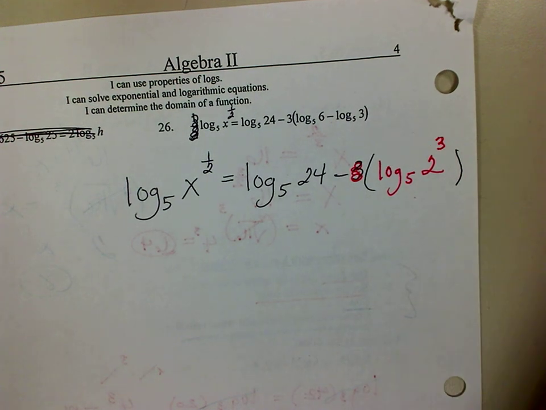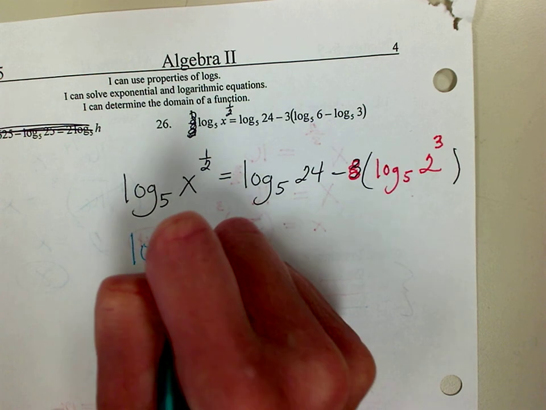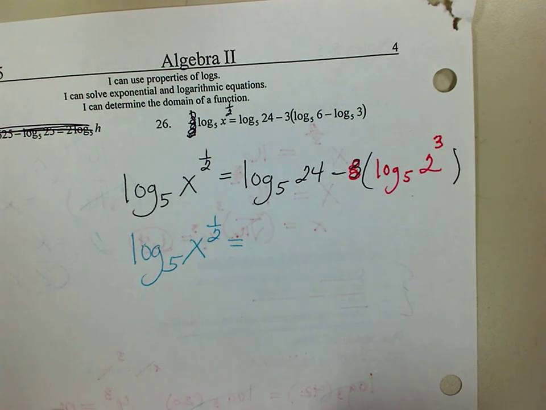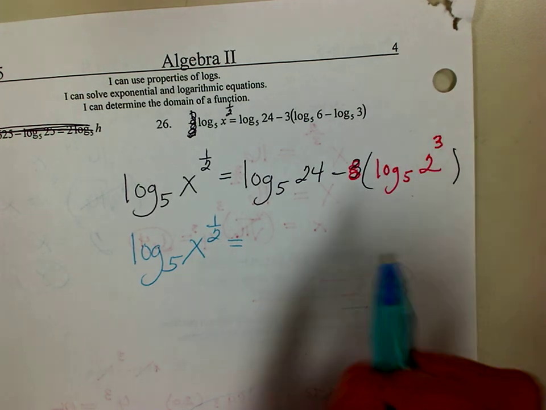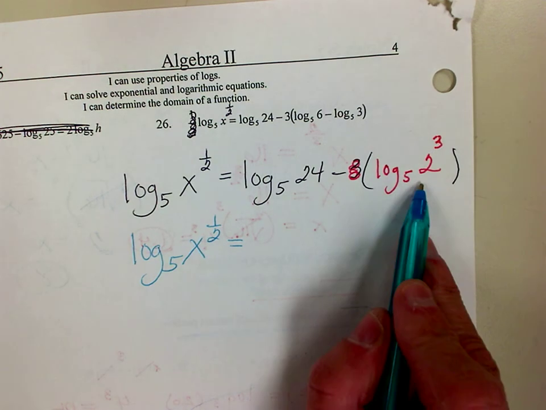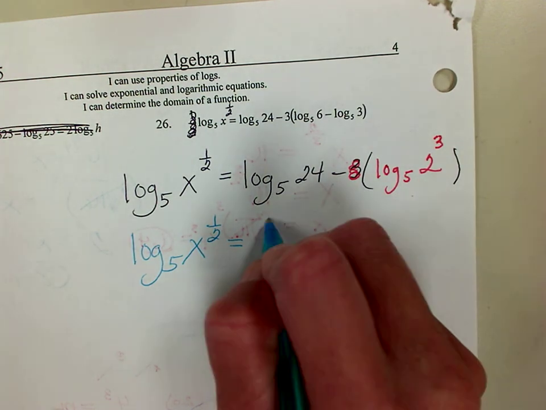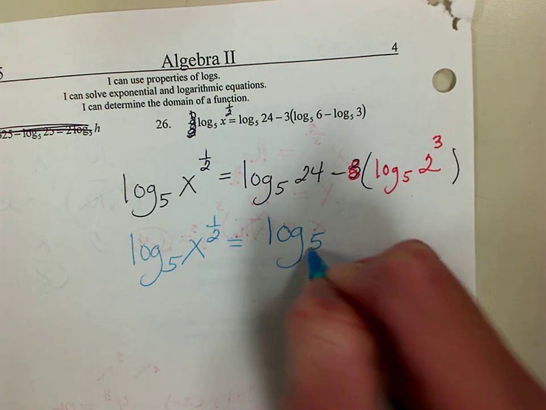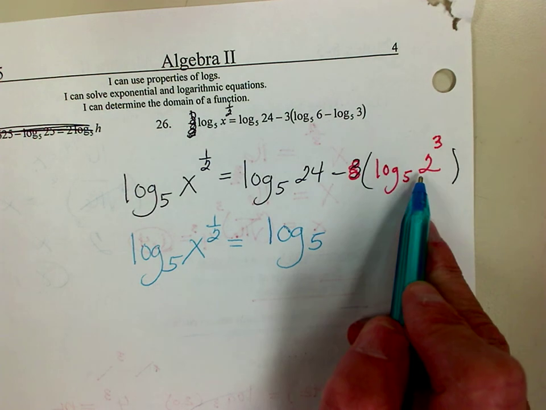Now I'm going to bring down the left side. So this becomes 8. 2 cubed is 8. So this 24 and this 8, I'm going to divide because that's what that subtraction sign means to do. So I'm going to have log base 5, 24 divided by 8, which is 3.